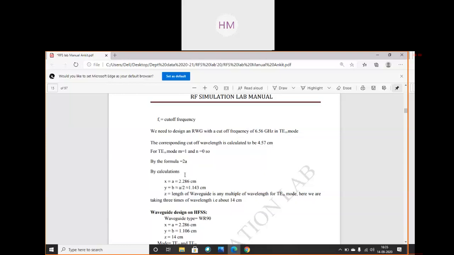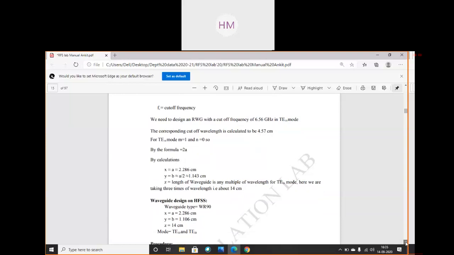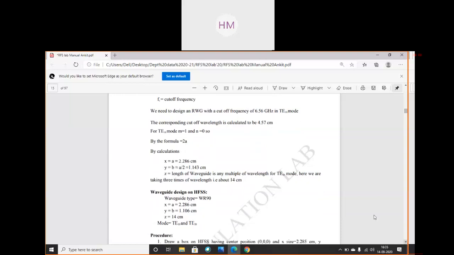Now by calculations, and for waveguide design, you can write this thing. Waveguide design on HFSS. Waveguide type is typical WR90, whose dimensions are x is equal to, see, by calculations we got these values, but we are designing WR90, so no need to write this.